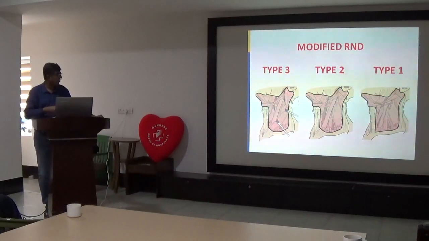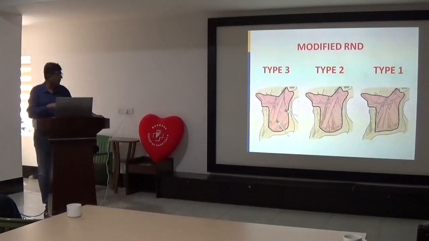In type 3, the spinal accessory nerve is preserved, the sternocleidomastoid muscle which we have retracted is preserved, and the internal jugular vein is preserved. When you preserve all three non-lymphatic structures, it is called type 3 modified neck dissection, and we also call this functional neck dissection because you are preserving the function of the neck.